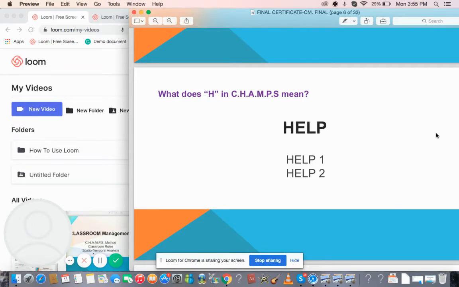Help 1 means you're telling the students that you're going to roam around, and they don't need to stand up or raise their hand when they have to ask something. Help 2 means you're at your table doing another thing while the students are doing activities, and they can ask questions. Maybe in a group, one representative, or with a partner, just one partner should come to the teacher's table and ask questions.